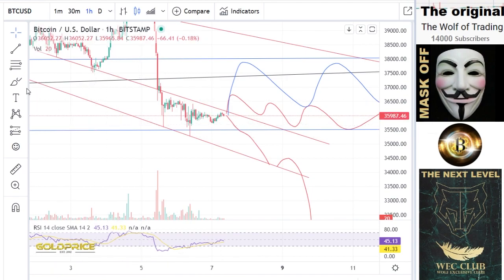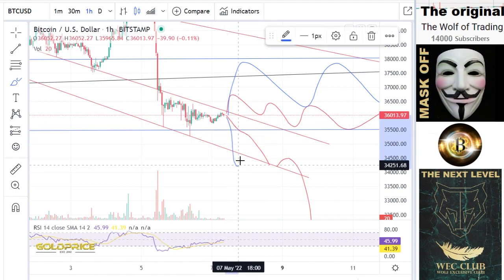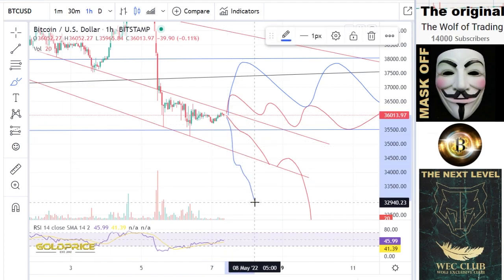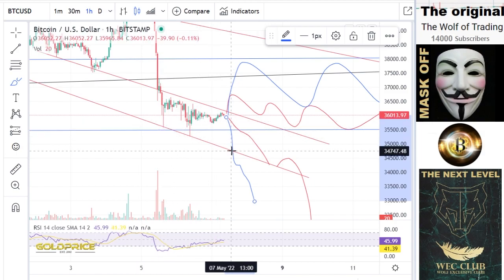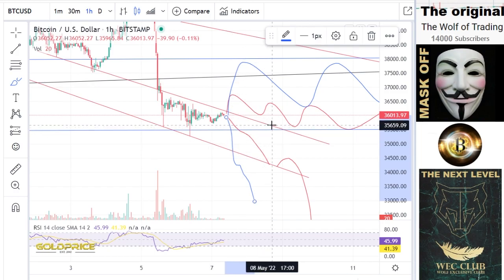That means the price could go really hard to the downside. So let's say this is our negative channel, but I think if you look here one time, two times, the fourth time, we are at 34,000. Retest of this 35, and then we're landing to the downside.